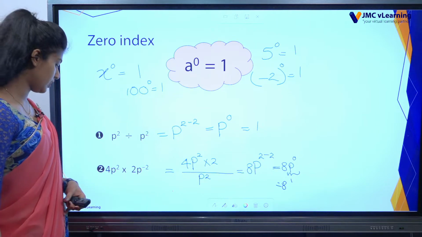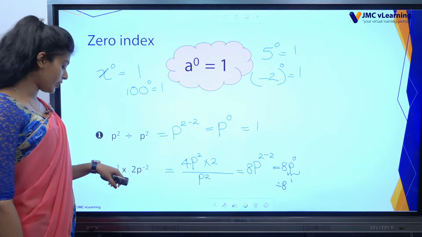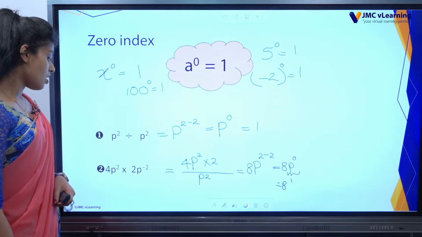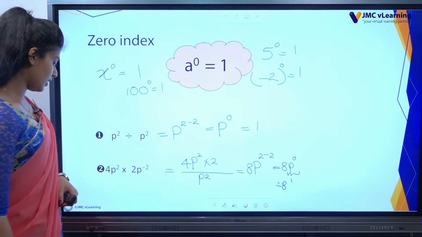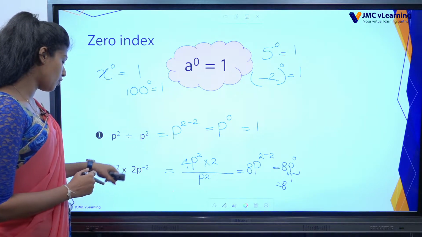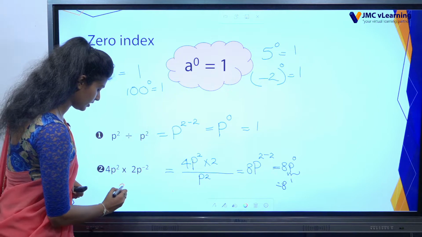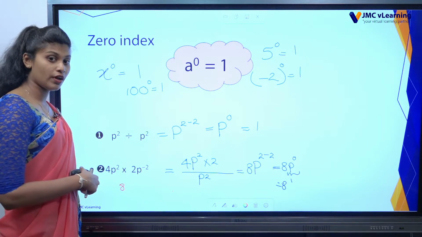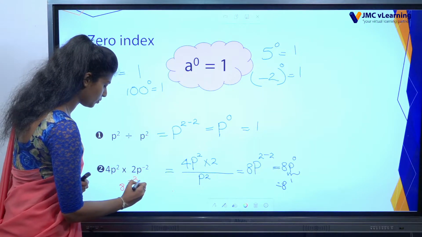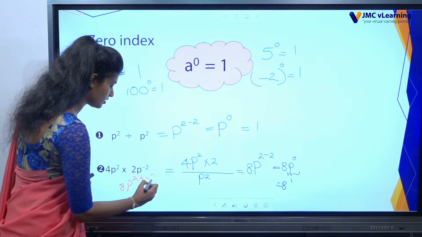Let's see how it happened. Then 4p to the power 2 multiplied by 2p to the power minus 2. Here first simplify the numerical values. 4 into 2, the answer is 8. Then, multiply means you have to add the indexes. Then p to the power 2 add minus 2.